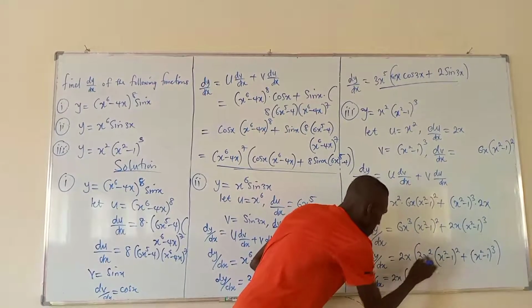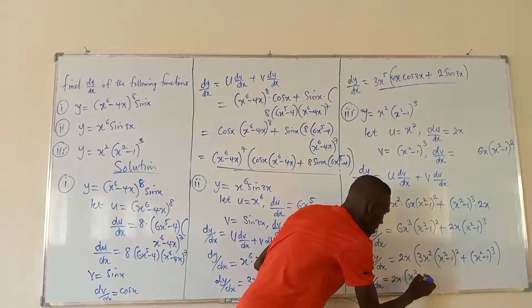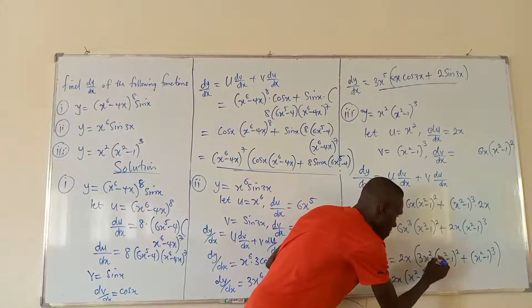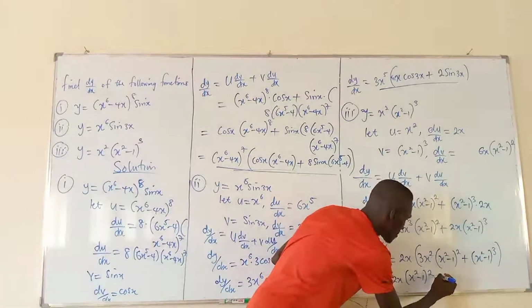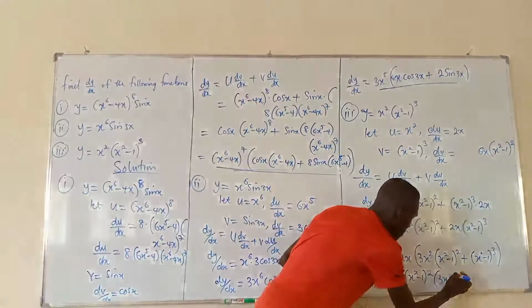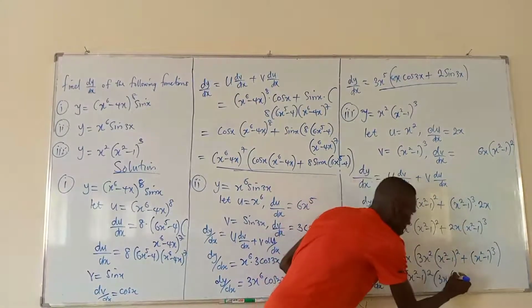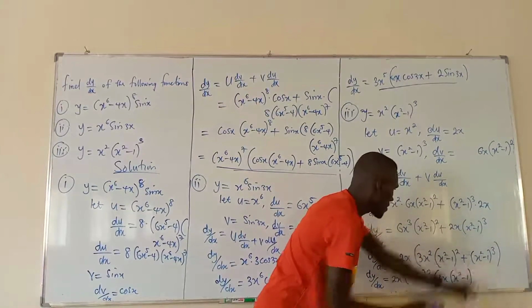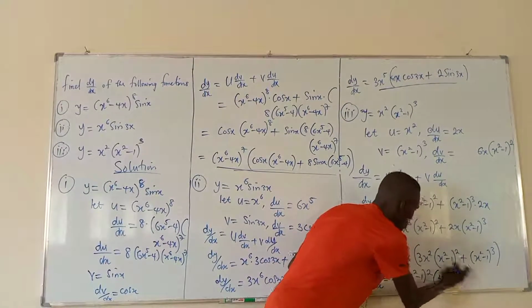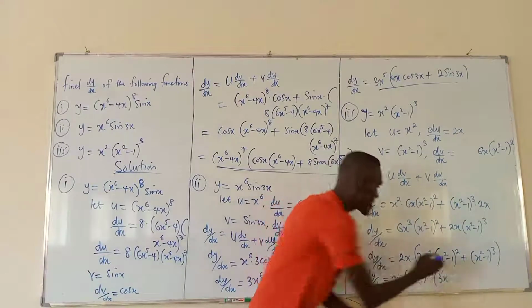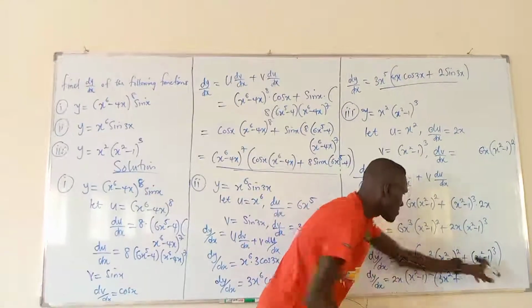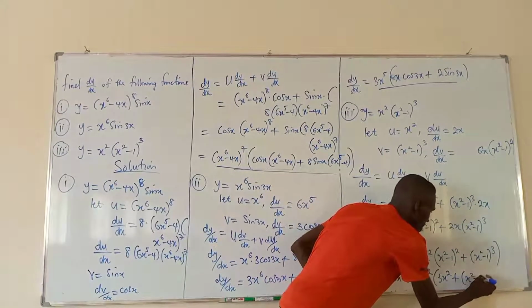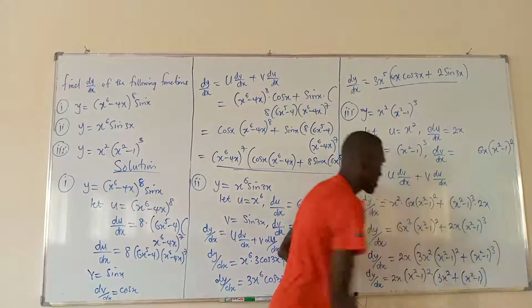So I'll have (x squared minus 1) all squared times, I'll bring back this, which is 3x squared. Sorry, it shouldn't be x here. We've already removed the 2, so I'll have just 3x squared here, then plus, I remove 1, remaining just a single, which is going to be x squared minus 1, close bracket.